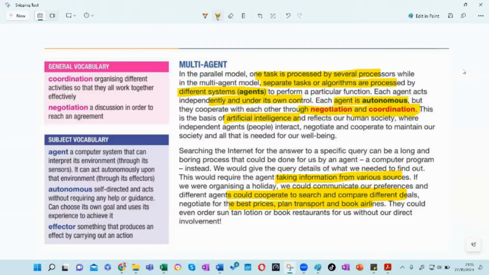But when it comes to multi-agent, we are talking about complex systems with agents, complete systems which use artificial intelligence, and they are autonomous, and they negotiate, talk to each other, take decisions, and monitor. Right. That's it.